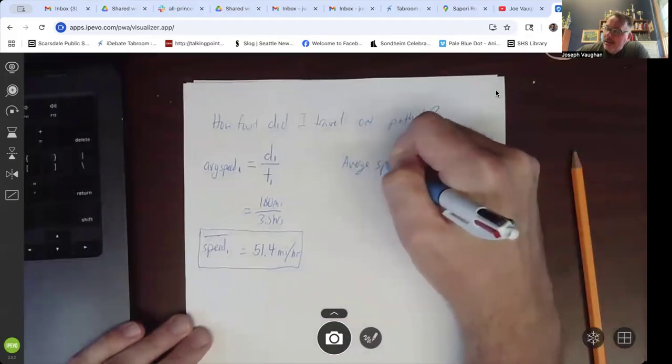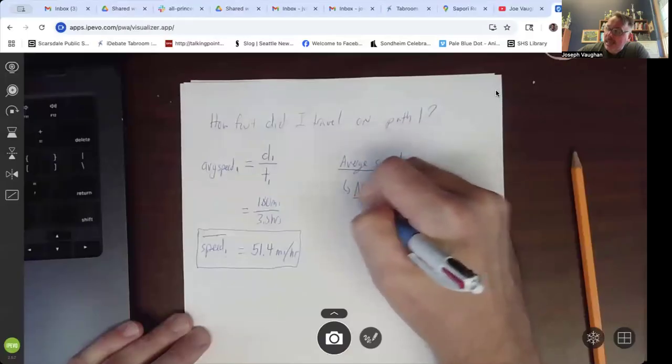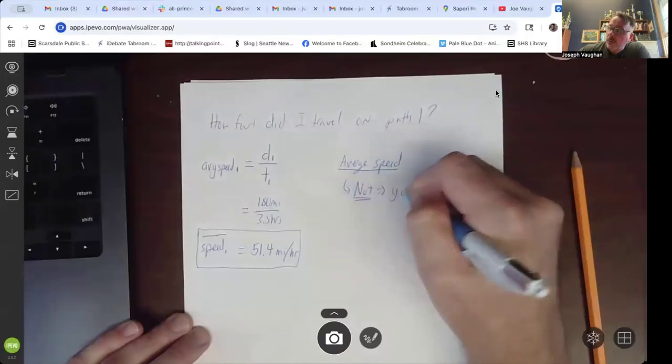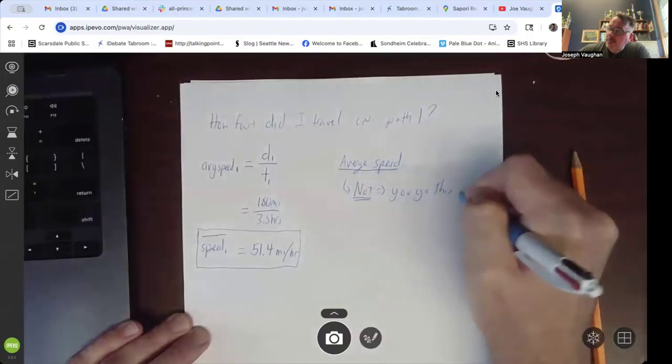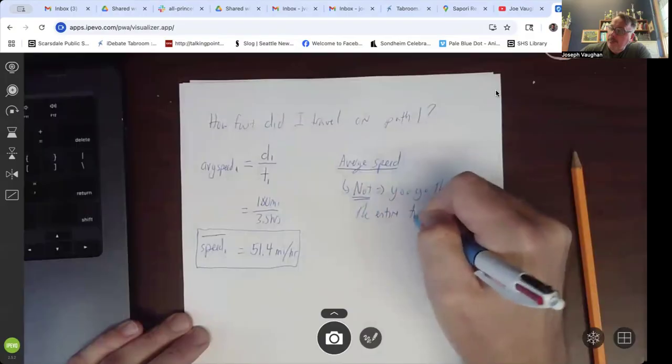What is it explaining? What it's not saying is that you go this speed the entire time.